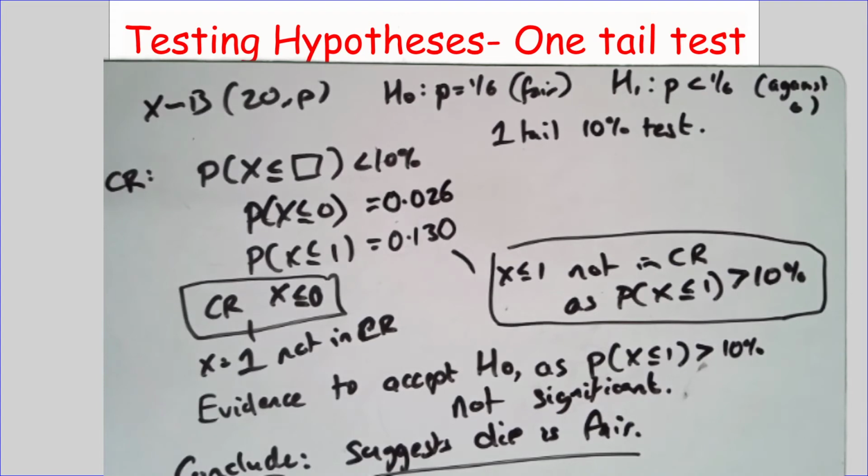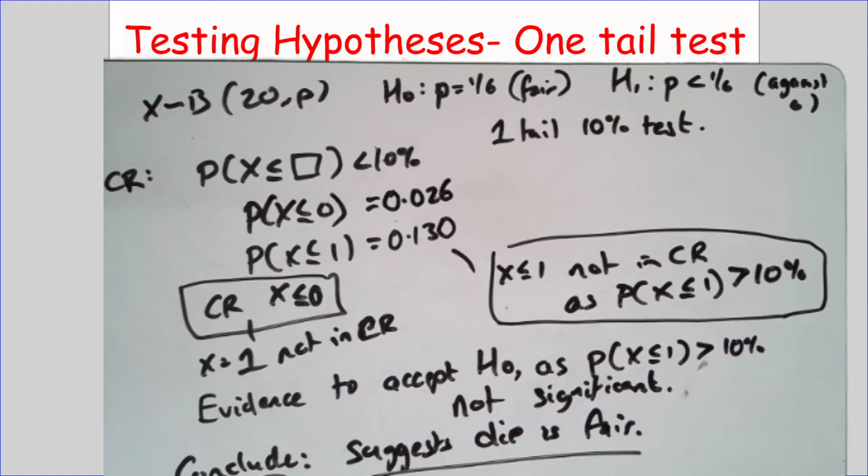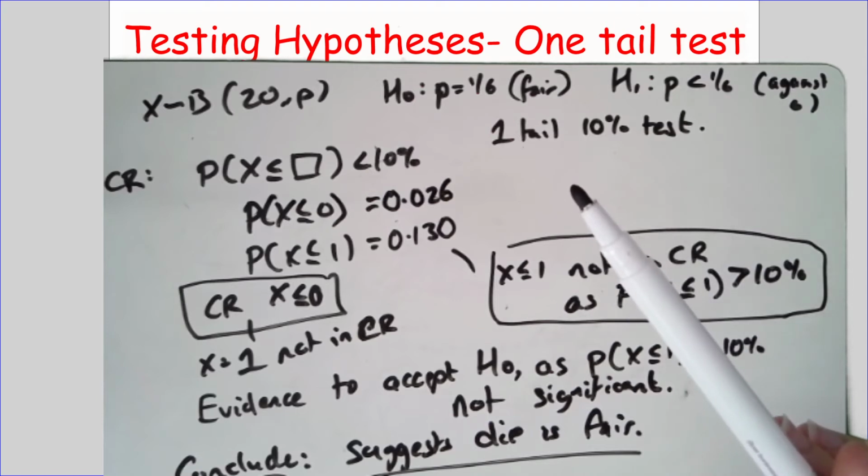Now you might look at this and think, no, this probability is actually quite low. It's only 13%, but 10% was our threshold for saying no, we don't believe that happens. It's got to be less than 10%. So even though this was 13%, it's still unlikely. It's not unlikely enough for our test to say we don't believe this could happen with a fair dice.